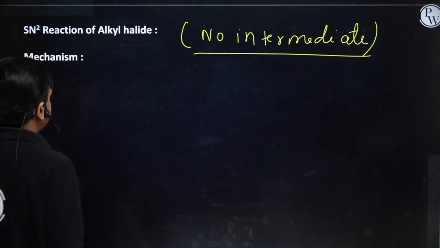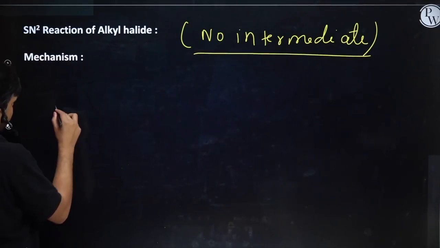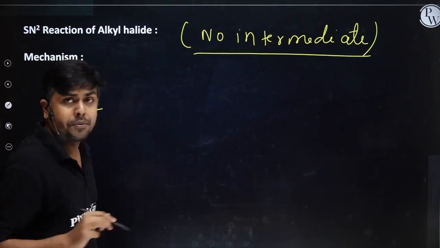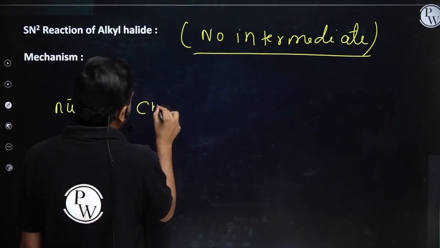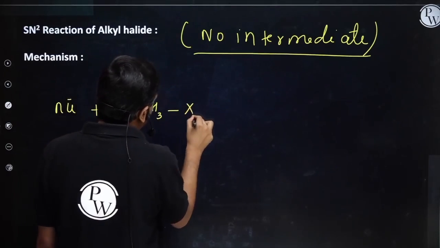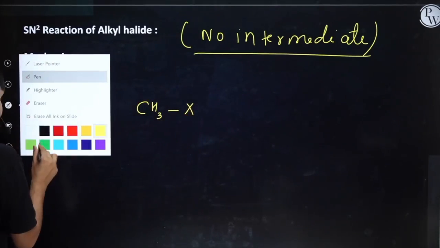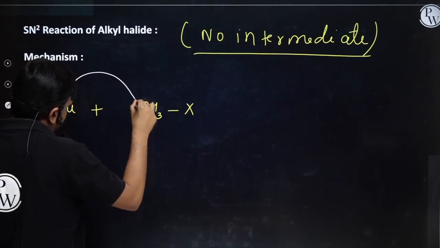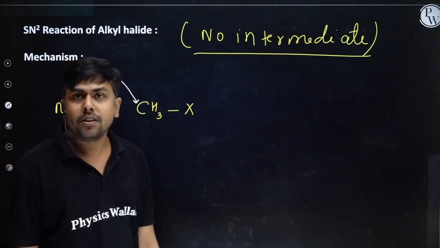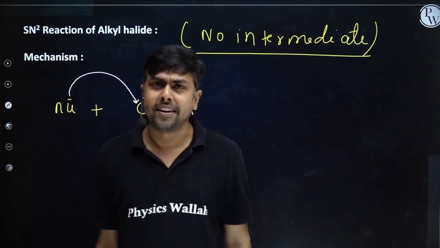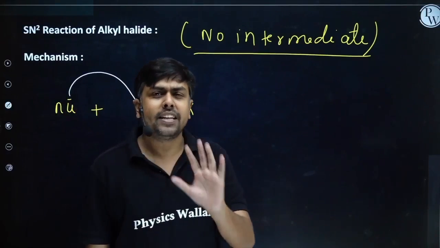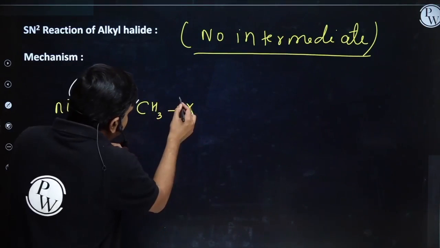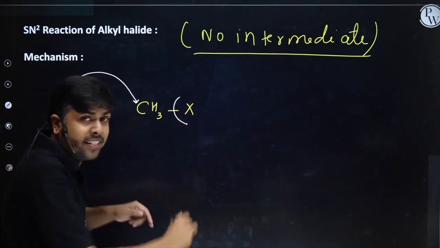Now let's discuss the mechanism. I have my nucleophile Nu minus and it is treated with a substrate, methyl halide CH3X. Students, here the nucleophile approaches from the backside. You may ask, what's the reason behind it? We can easily understand it like this. This halogen will depart in the form of a halide ion, right?